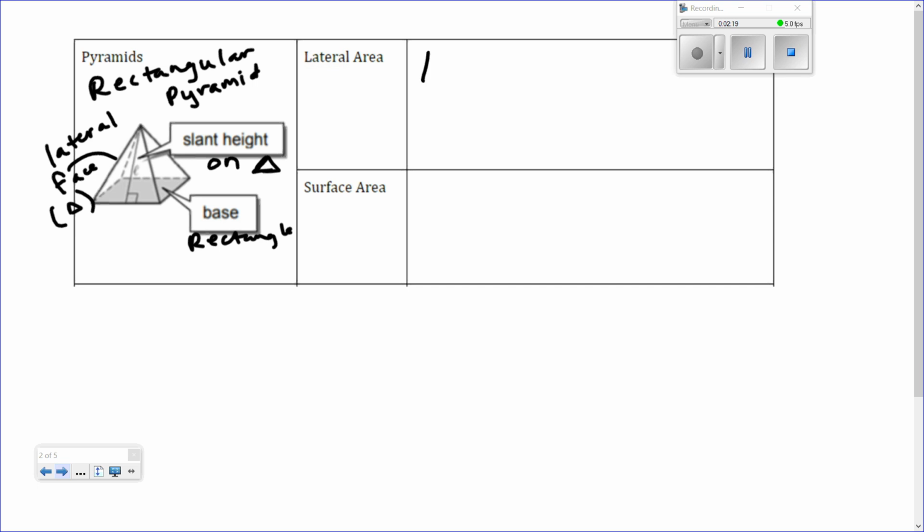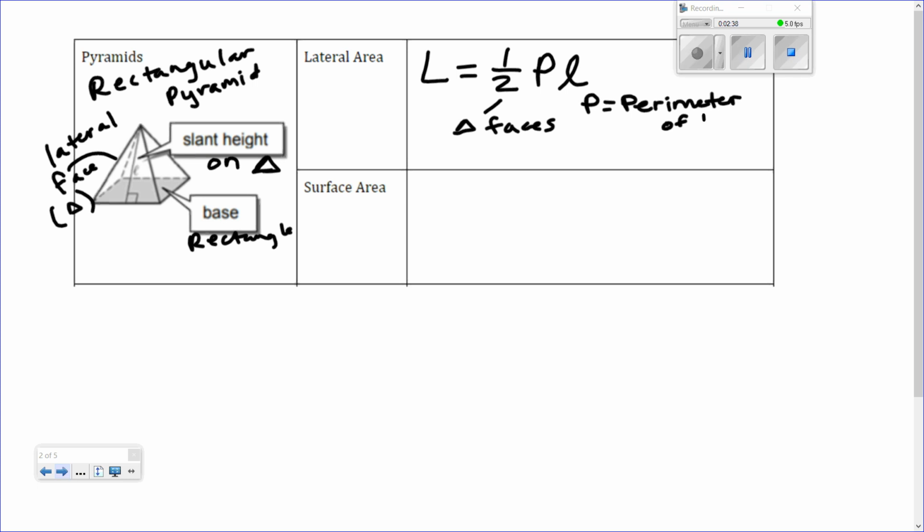Our lateral area is going to be L equals 1/2 big P times L. The 1/2 is because we're talking about triangle faces. P is, again, the perimeter of that base, and L is your slant height.